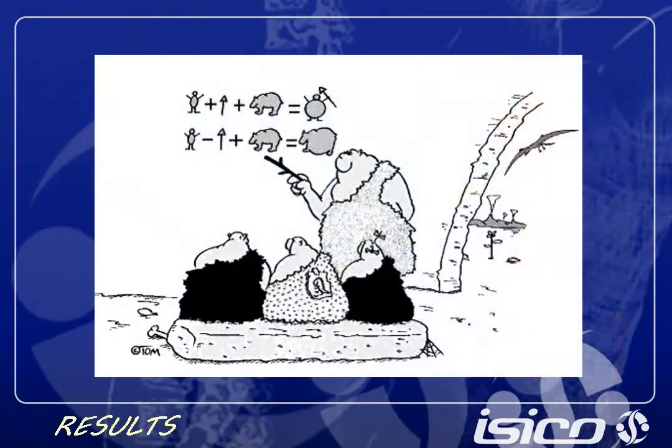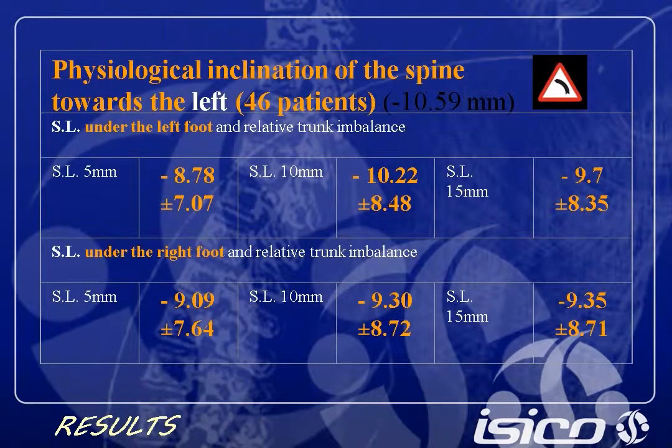But this was the real result. In this schema, you can see the group of patients showing inclination of the spine toward the left, 46 patients, with minus 10.59 as the mean of the inclination.